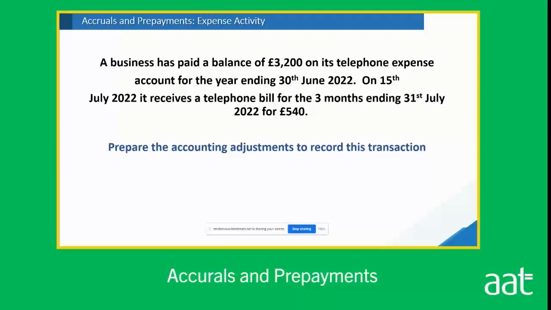Okay, so we have something in from Lisa. She said prepayment as you've covered the cost for 3 months, but only used 2 months. Okay, fabulous. Let's wait to see if we get anything else in.